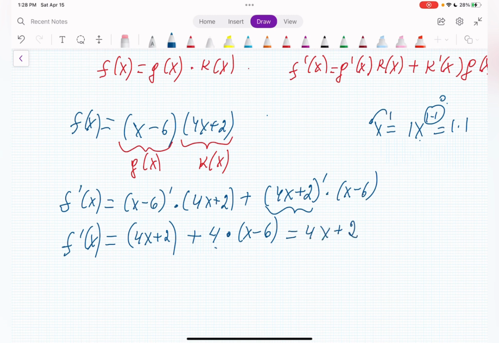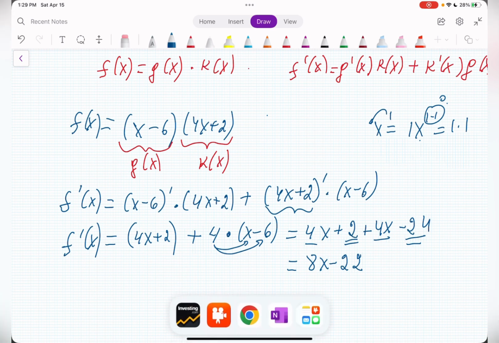Let me distribute: 4 times x is going to be 4x, and 4 times negative 6 is going to be negative 24. And as a result, we get 8x minus 22. Combine like terms. Okay, let's put in the answer.